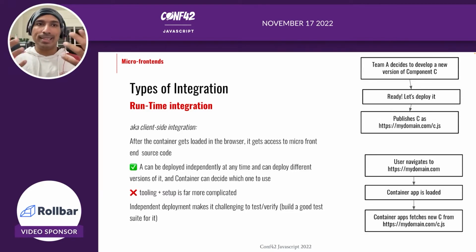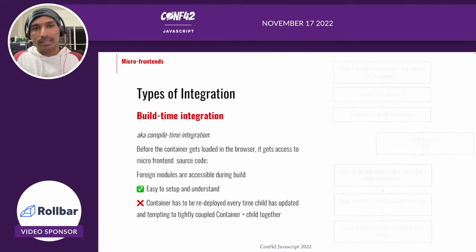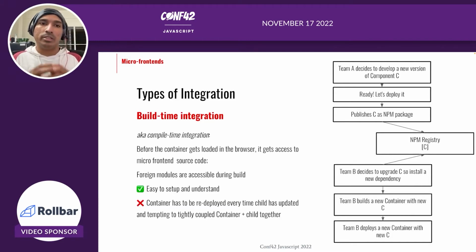This strategy is widely used across developers who implement micro frontend, but it has its own pros and cons. The pro is that the teams can deploy their components at any point. I mean, they don't have to depend on other teams. And the downside of this integration strategy is that setting it up is far more complicated.